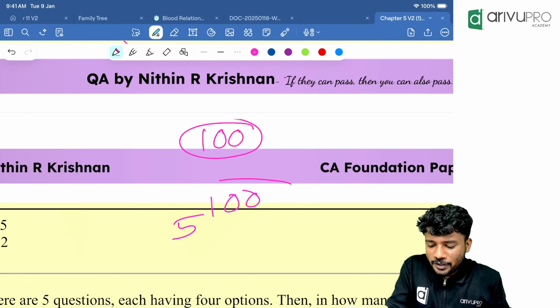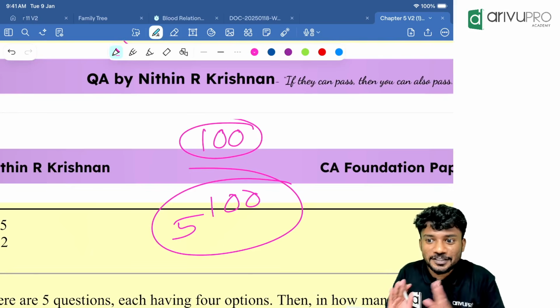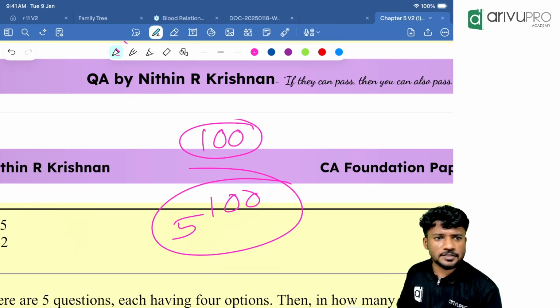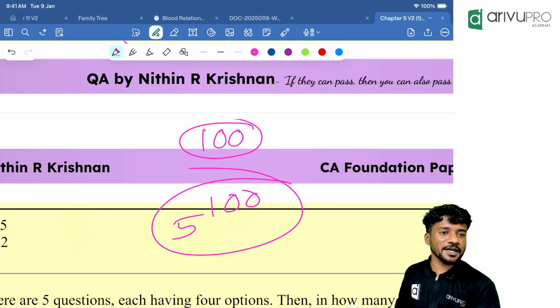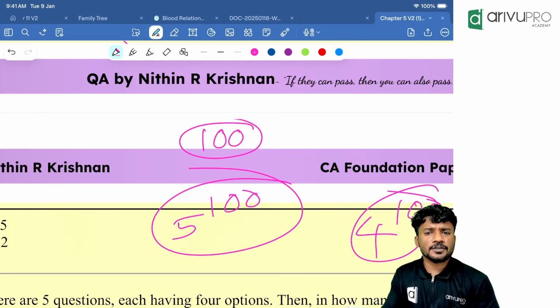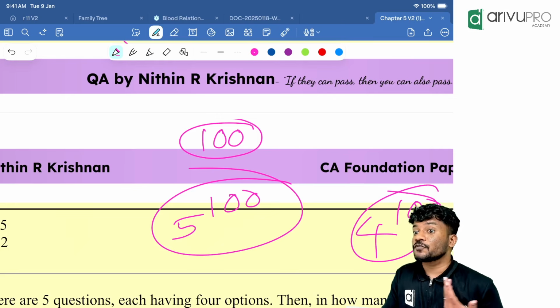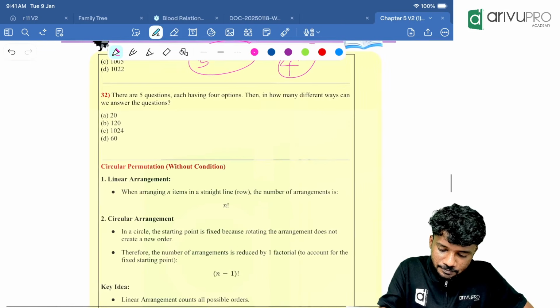You can answer your entire paper in 5 raised to 100 ways, with respect to your CA foundation examination. What if there are only 4 options? You can't skip, you should write no matter what, all the questions should be attended. So it will be 4 power 100. It depends on how many choices there are. If 2 choices, 2 power n. If 10 choices, 10 power n. If 20 choices, 20 power n. Okay, yes.